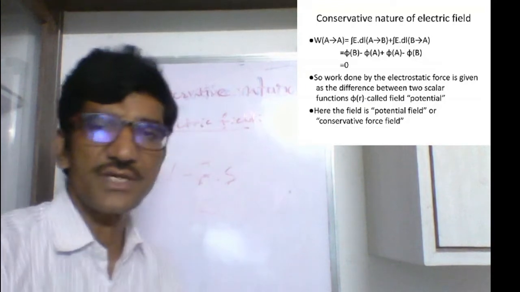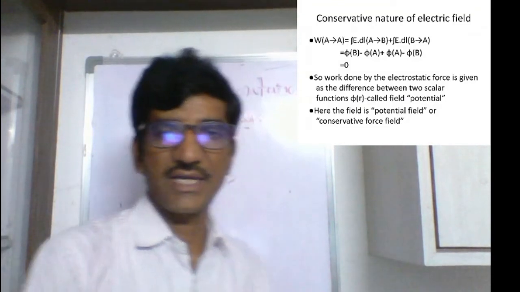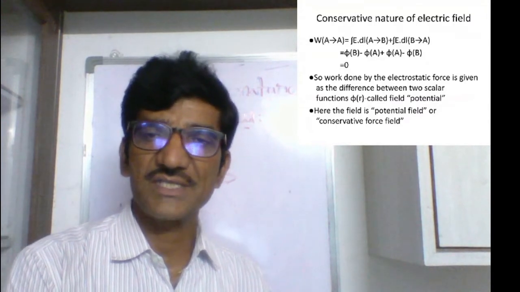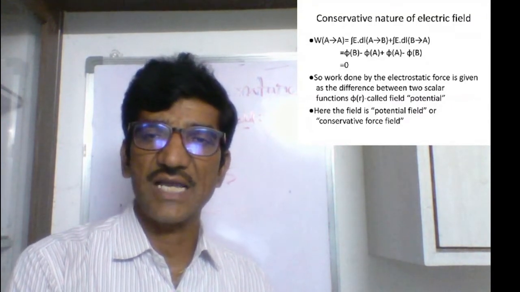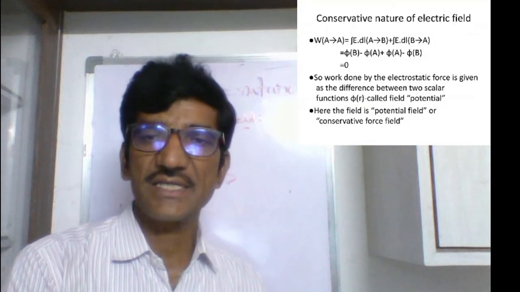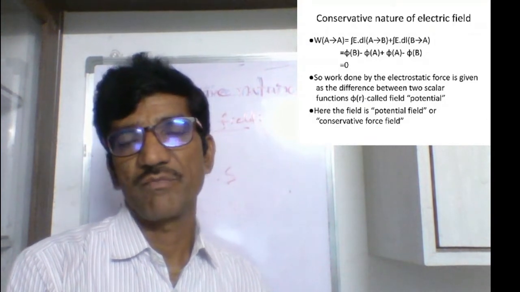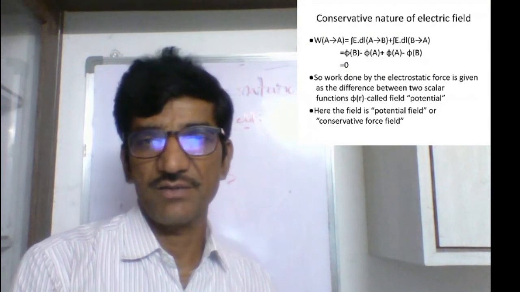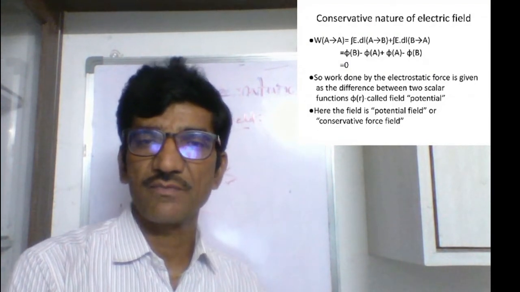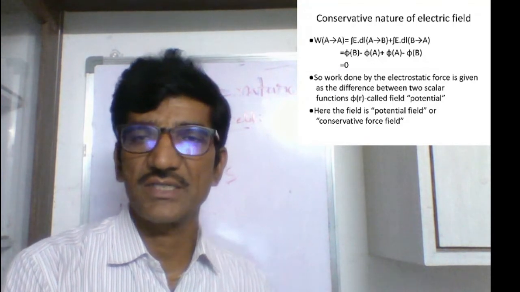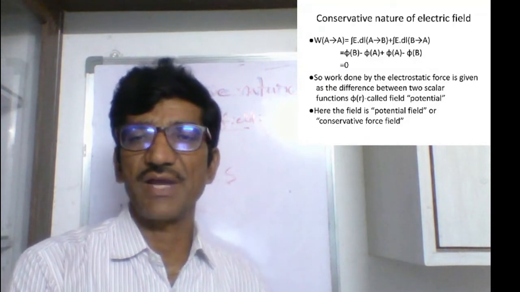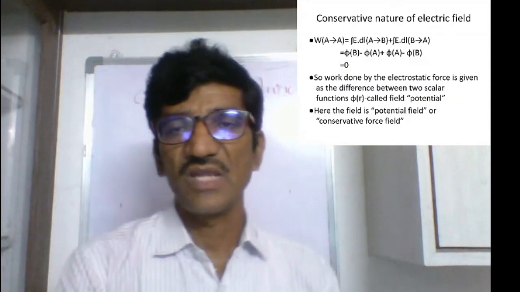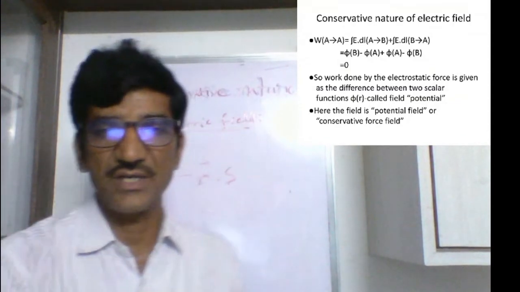But if you consider the work done to take the particle along any one path, what you are having is the difference of this scalar quantity, phi B minus phi A or phi A minus phi B. So you may define the work as a decrease in some scalar quantity known as phi. We call this phi by the special name potential.